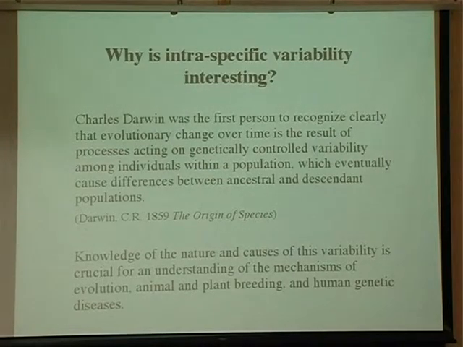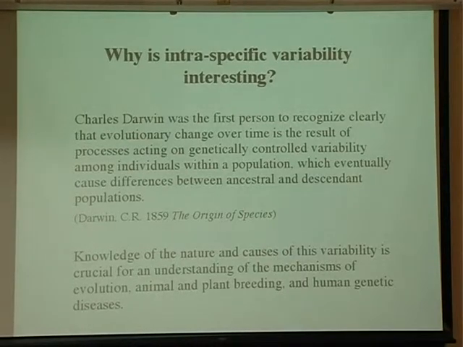So the first question, obviously, is why should we be interested in genetic variability? I think Darwin historically was the first person to realize that what evolution does is to take genetic variability which is present within a population or within a species and use that to cause differences over time or over space between populations, and that's what we think of as evolution.